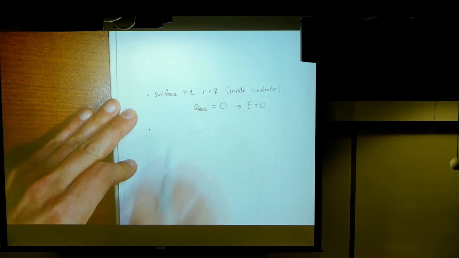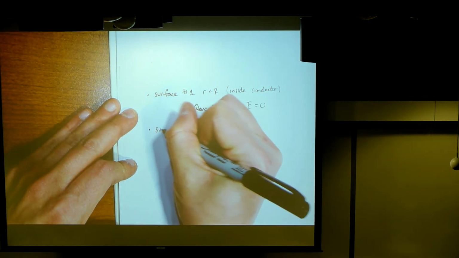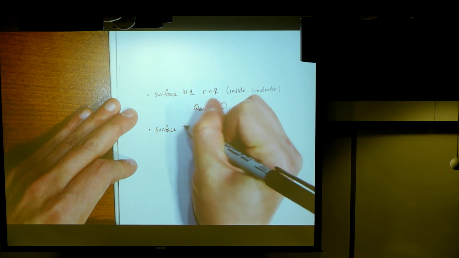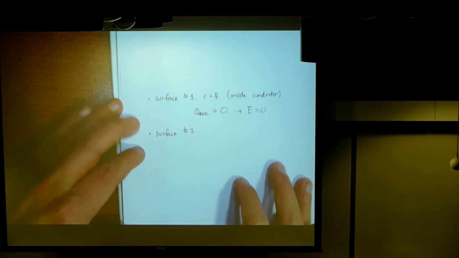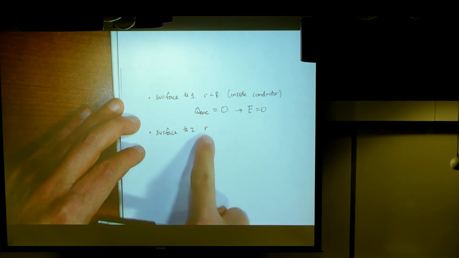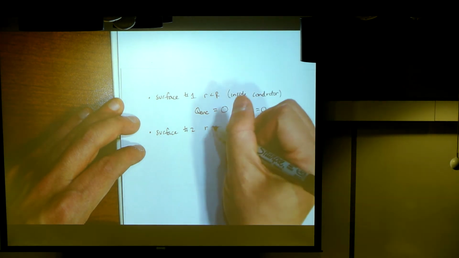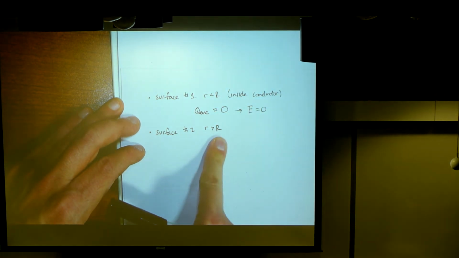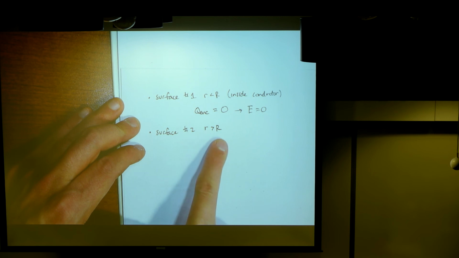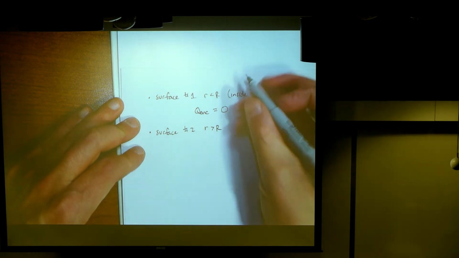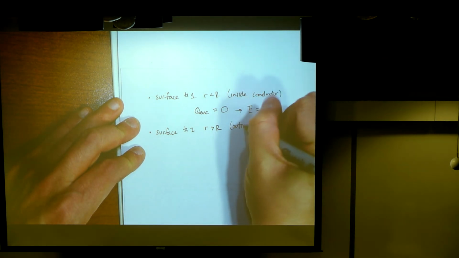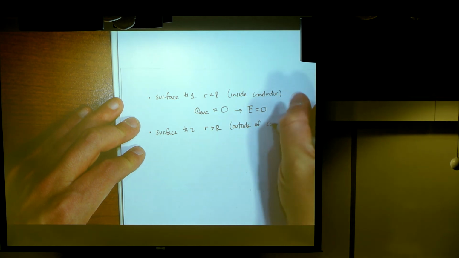Okay, so now what we've moved on to is surface number 2, where the radius of our Gaussian surface is bigger than the radius of the conductor. So that's the difference between small r and big R, just remember. And now we're outside of the conductor.